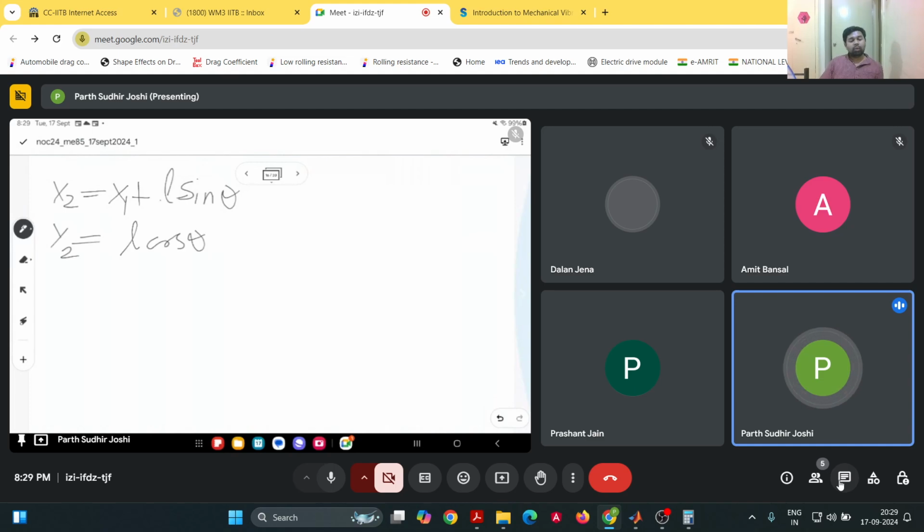So here x2 and y2 are actually not independent because the length is fixed. So then x2 and y2 are not actually independent coordinates. And then once we get the coordinates and draw the free body diagram, we can write down the equations of motion.